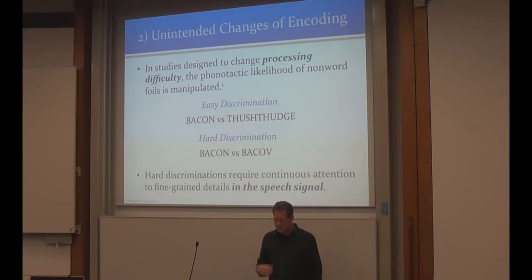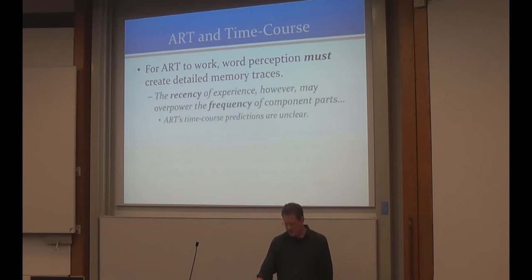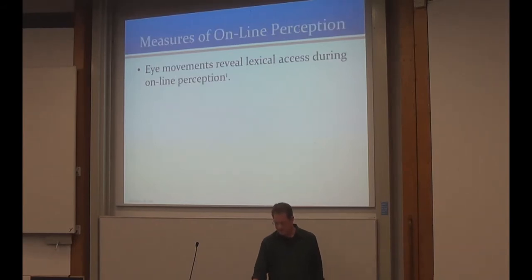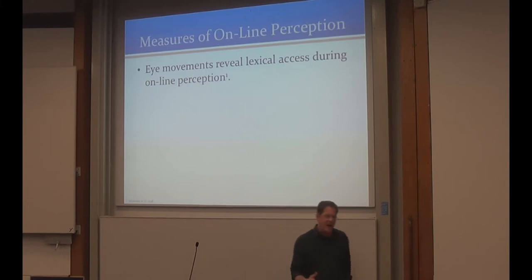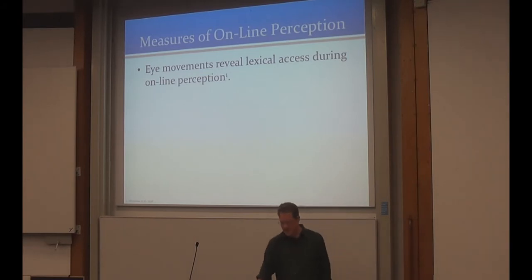So we wanted to do a better job, and I'm going to get into what we've done. I'm going to skip over this. We use eye tracking, and we didn't use the visual world approach, but you guys are probably familiar with studies that show that eye movements to objects on a screen are very sensitive to ongoing speech processing.